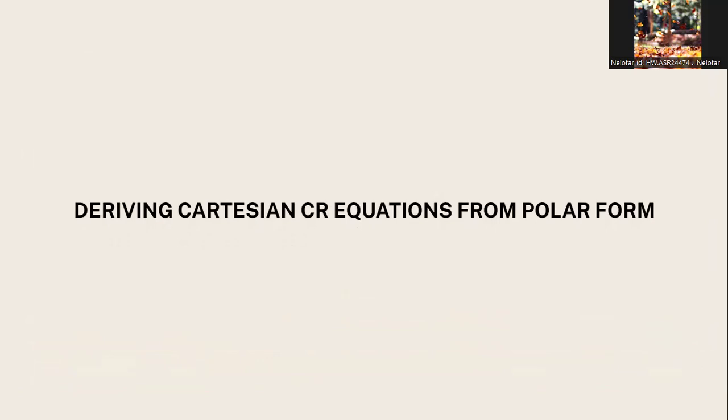I've also explained the reverse part, that is, deriving the Cartesian CR equations from the polar form of CR equations. Here in this one page, the steps are explained. You can check them. First step is take the polar CR equations and apply chain rule from polar to Cartesian.